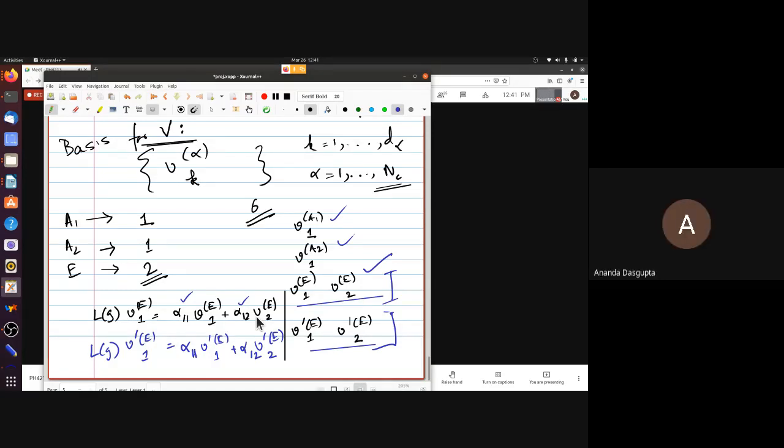But then V1 and V1 prime and V2 and V2 prime cannot be linearly independent, right? As I was saying, you are breaking up the original six-dimensional vector space into invariant subspaces. VE1 and VE2 span one two-dimensional subspace. V prime E1 and V prime E2 span an entirely different two-dimensional subspace.